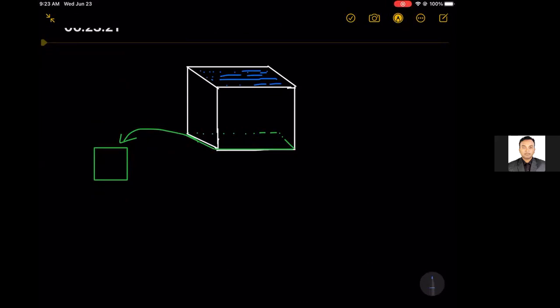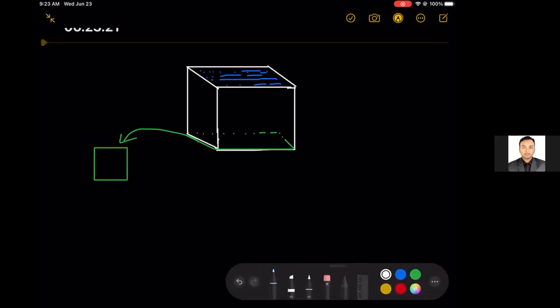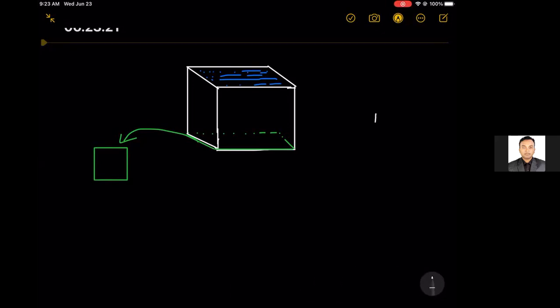Now I'm saying that the volume of this is, let's pick an easy one, let's say 100 again. The dimensions will be really small, but I think it should be fine. Let's say 100 cubic centimeter.